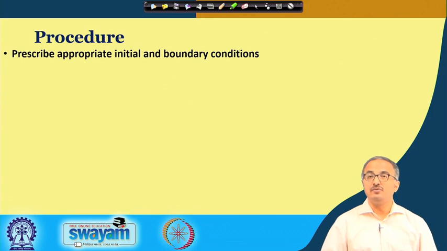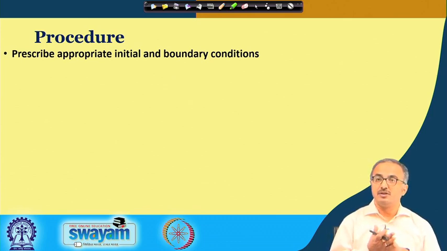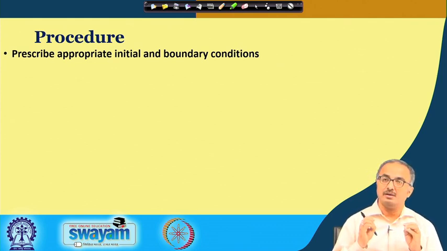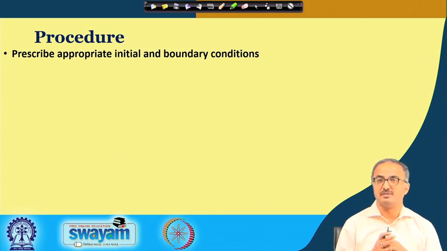Now, after getting the model equation and the constitutive relation, before we solve, we have to prescribe the initial conditions and the boundary conditions. Initial condition means that the state of the process at a given time is prescribed, and that time is generally taken to be 0.